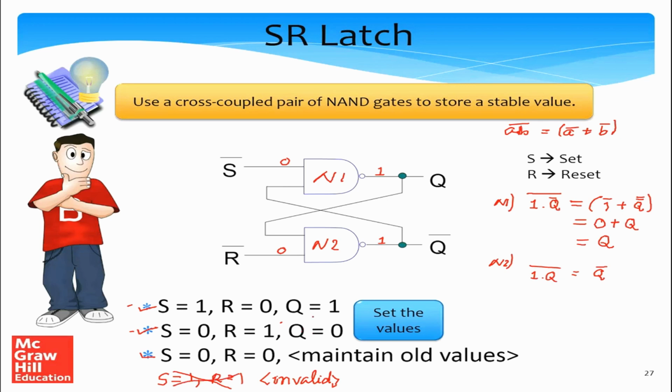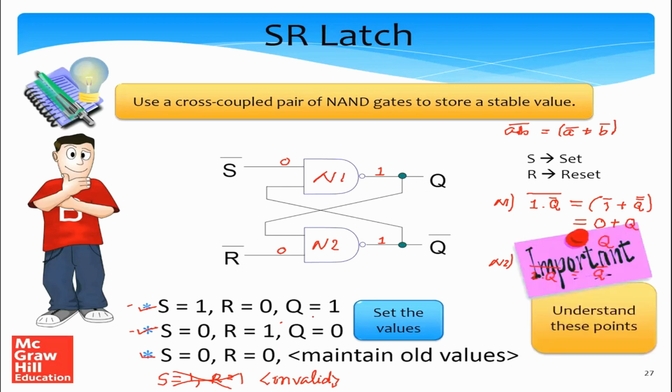So essentially, what are the top 3 inputs telling us? What the top 3 inputs are telling us is that we have a way of setting the latch, resetting the latch, and maintaining the value. So mind you, these are very, very important points. So it is necessary to understand these points very nicely, very clearly. And what I would advise the listener of this video is to basically look at all of these combinations.